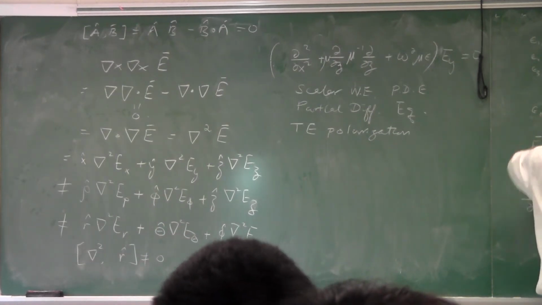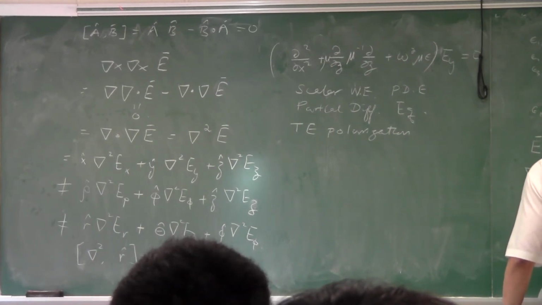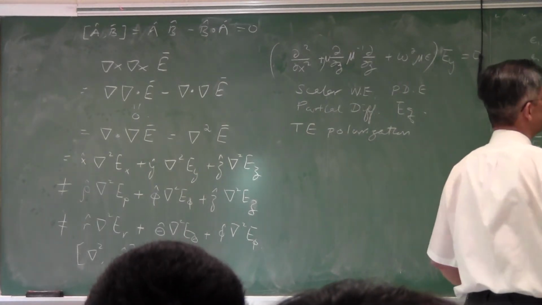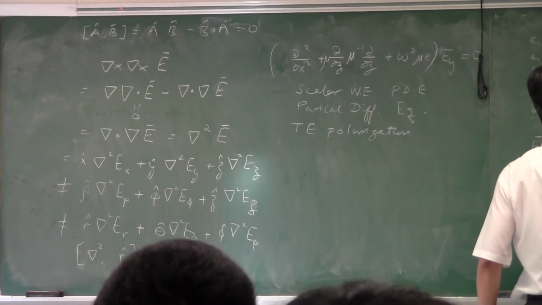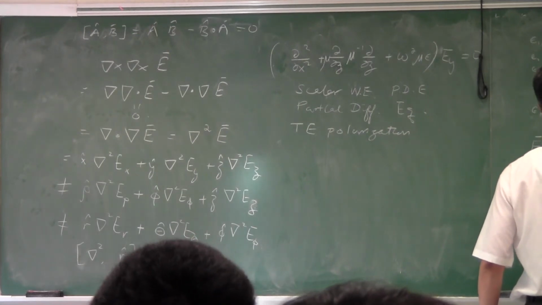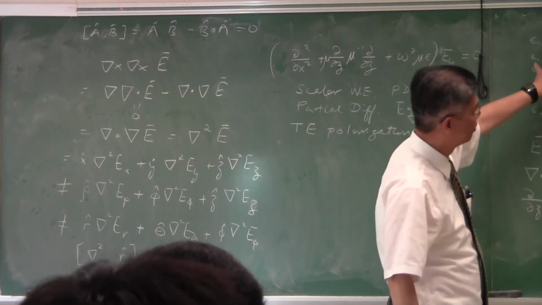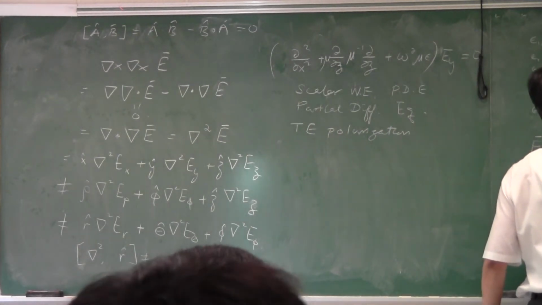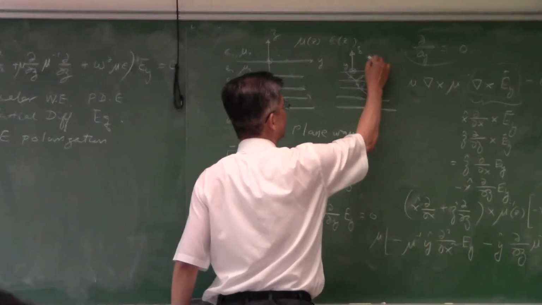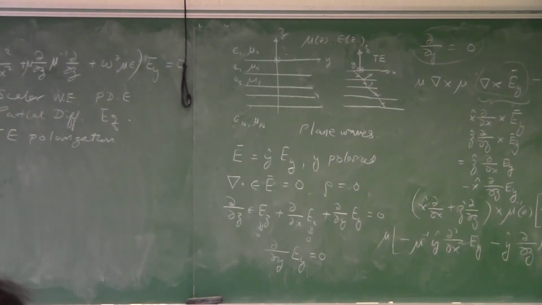So I should draw something like, if this is the x direction, this is the z direction, if y is propagating into the paper, then the wave is propagating something like that. There's no y variation in this picture, so I cannot draw this picture like that. Because that picture will have entailed y variation. So the wave might get multiply reflected. And for a TE polarized wave, I have this mental picture of how the wave propagates through this medium. Okay?